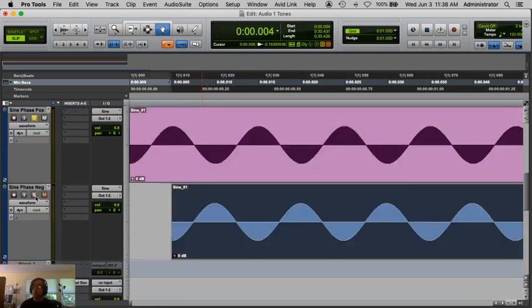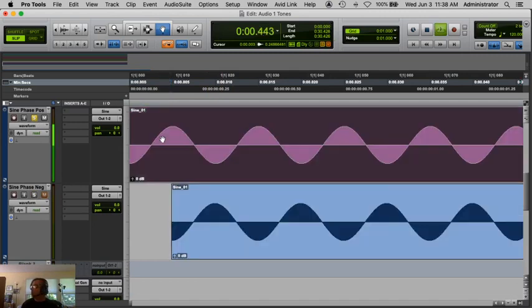Here's pink. I'm going to add blue. Getting quieter, right? So that's what can happen in your recording. Things can disappear. Different frequencies can disappear.